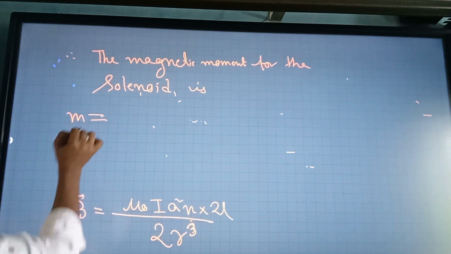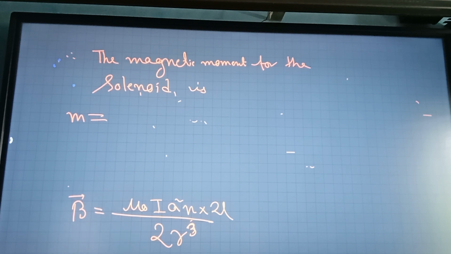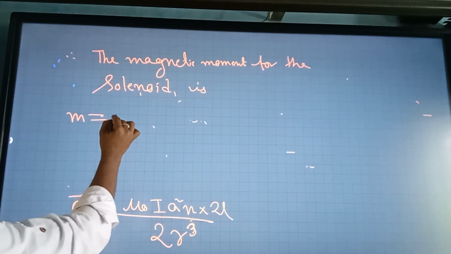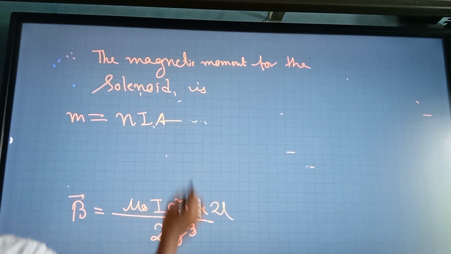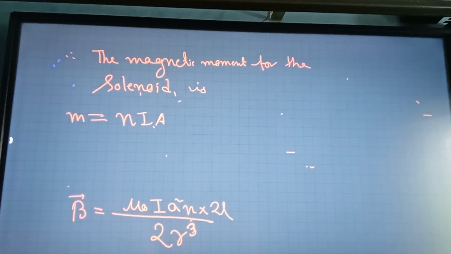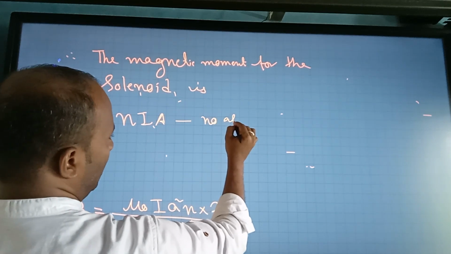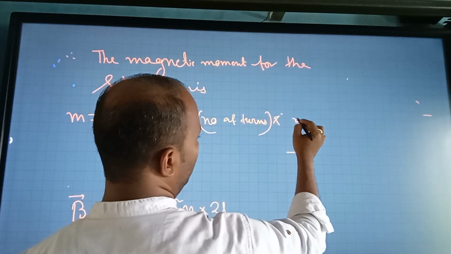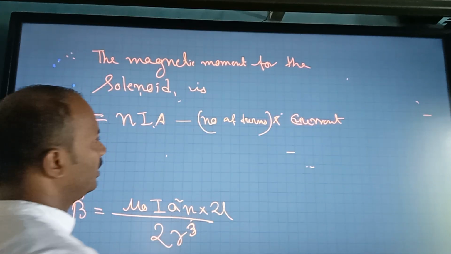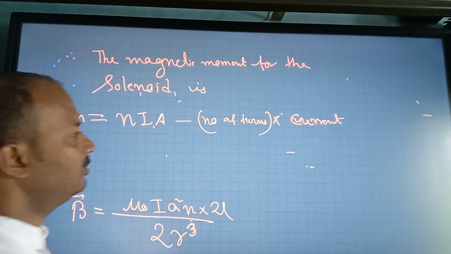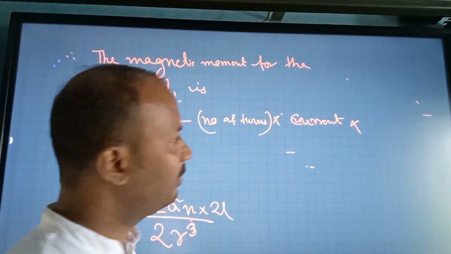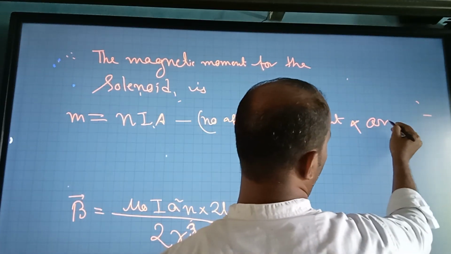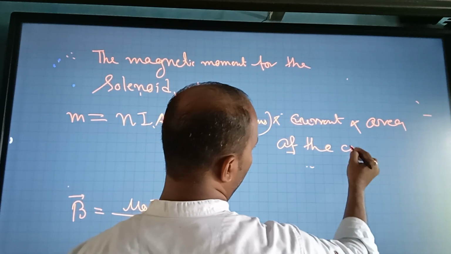Magnetic moment M is equal to N I A. Number of turns into current into area of the coil.